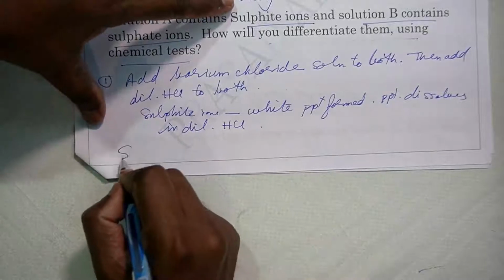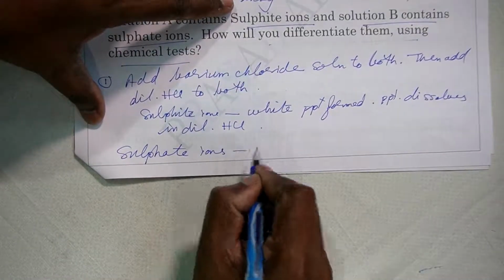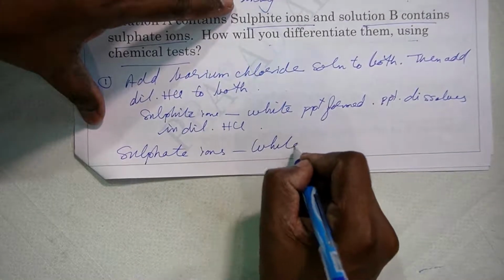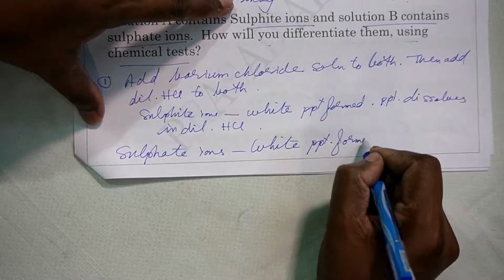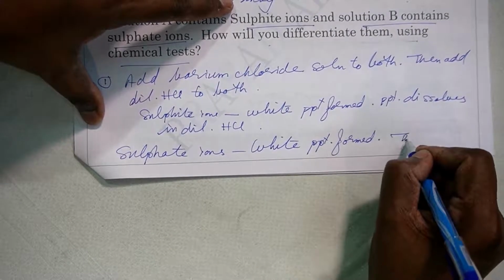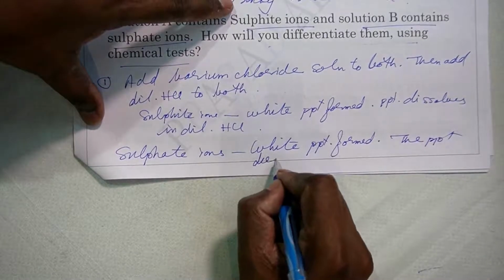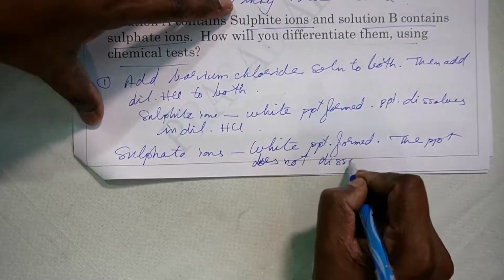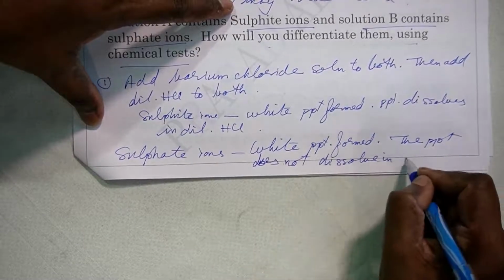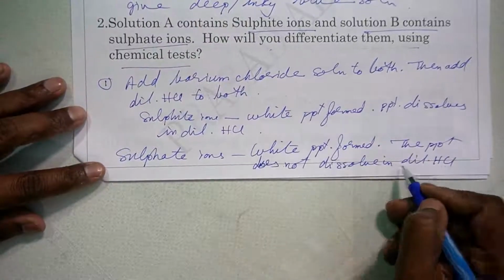Then if it is sulfate ions, what will you write? White PPT formed, white precipitate formed. Full stop. The PPT does not dissolve in dilute HCl. So the solubility in dilute HCl is what differentiates them, right? I think that is clear.